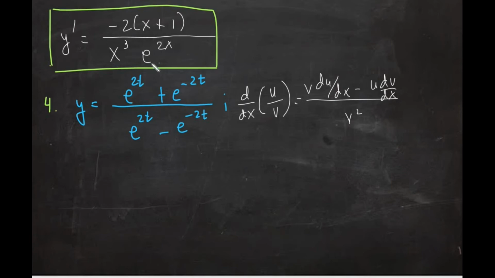Our u here is the numerator, our v is the denominator. So first, the denominator, e raised to 2t minus e raised to negative 2t, then the derivative of our numerator.